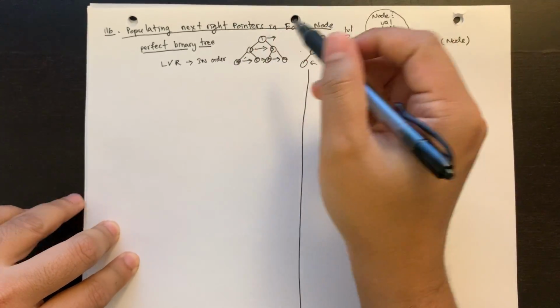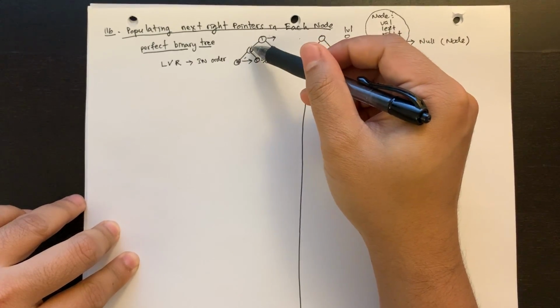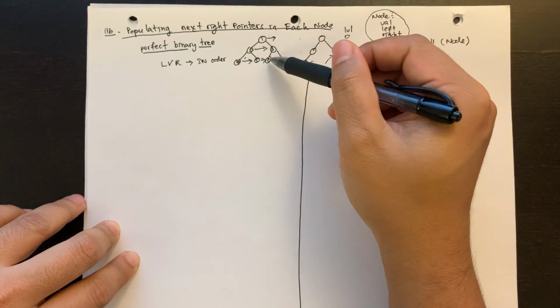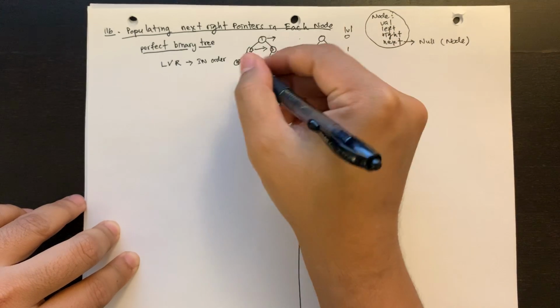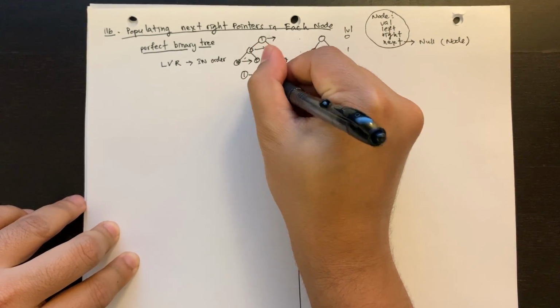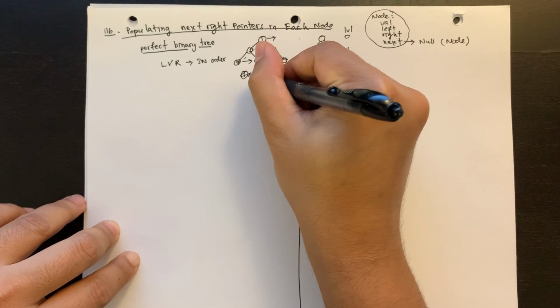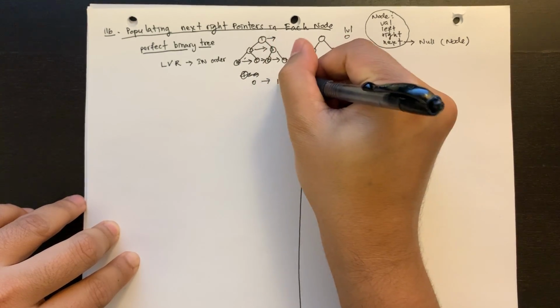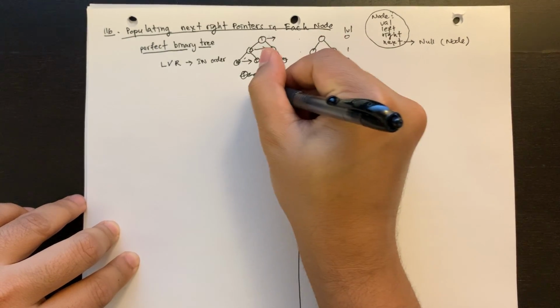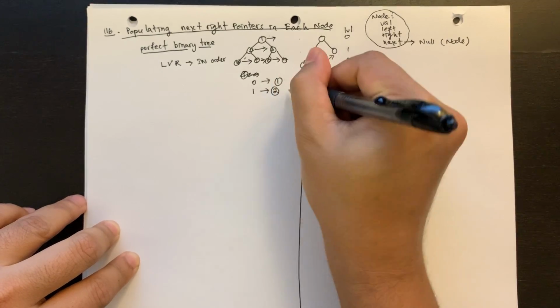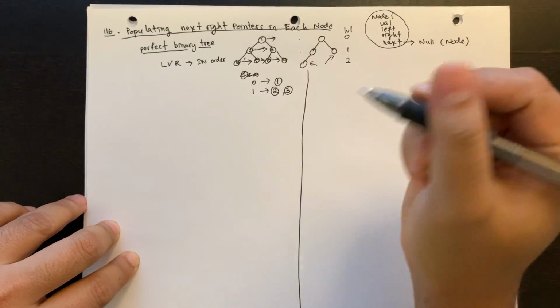The idea is we want to record all of these nodes into a dictionary, where our key is the level. So we record 1 at level 0, then at level 1 we record 2 and 3, like this.